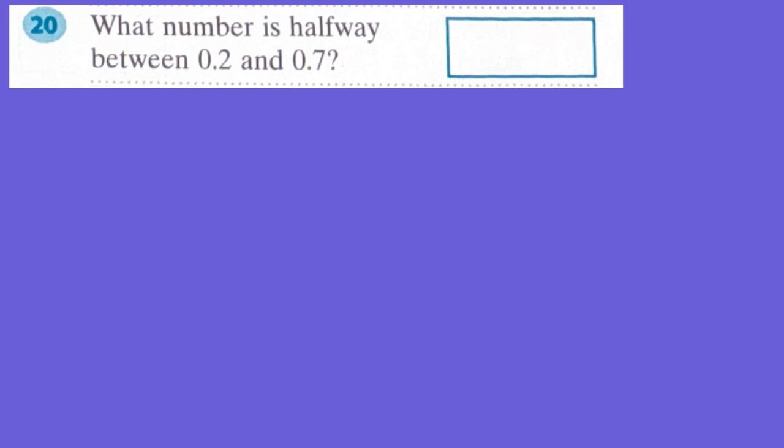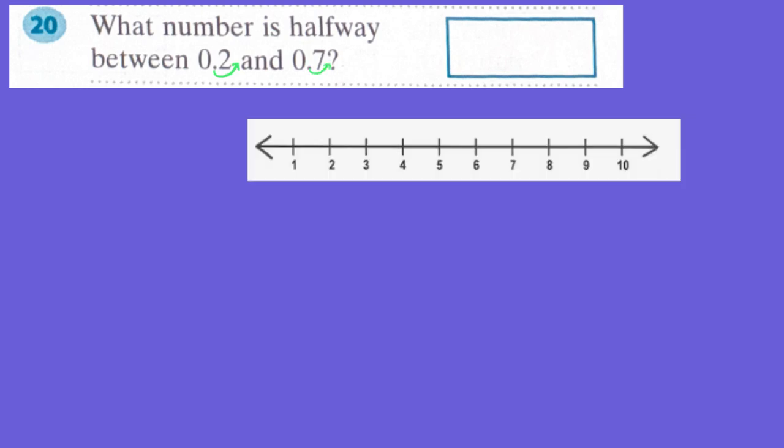between 0.2 and 0.7. If you are unhappy using decimal numbers, then why don't we change them into integers? Move that point to the right and also do the same thing over here. So let's put those numbers on a line graph. And you won't be given a line graph, but maybe you could draw one.